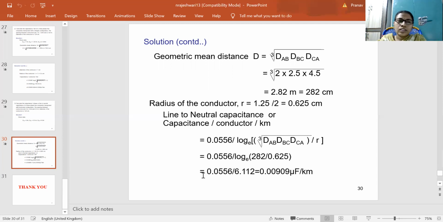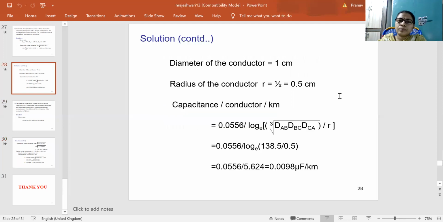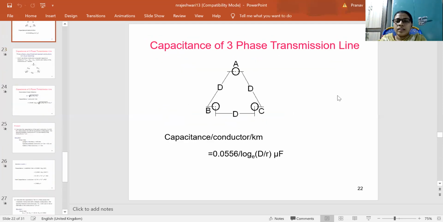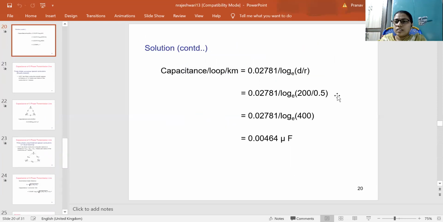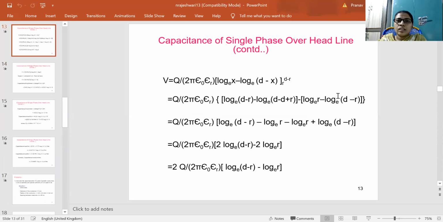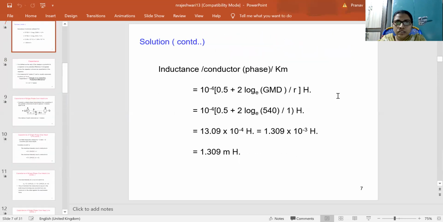So these are the three types of capacitances of transmission lines. Let's see once again these three formulas.